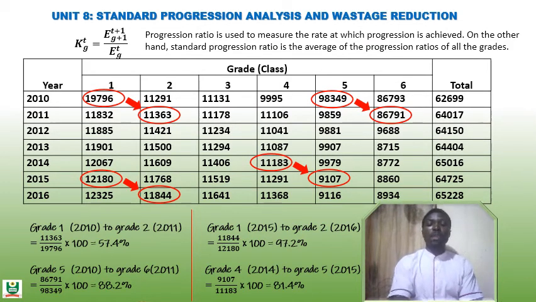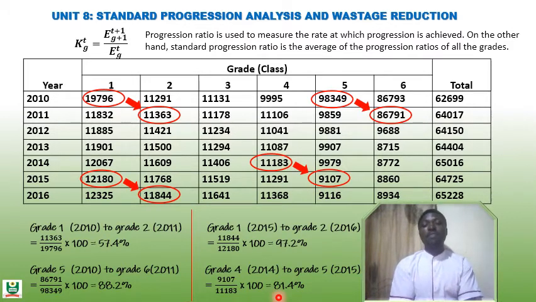We have the number of students in grade 5 2015 over the number of students in grade 4 2014, that is the previous year. Multiply the result by 100 and we're going to have 81.4% approximately.